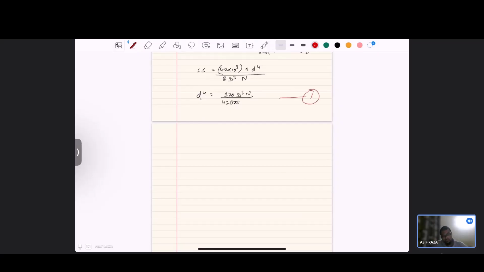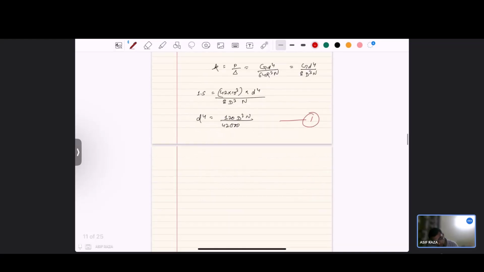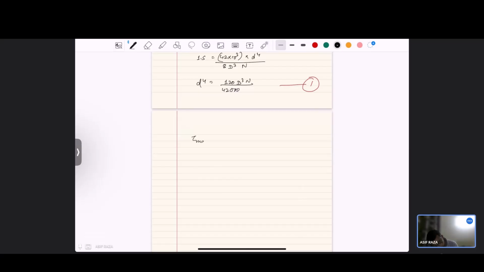Now with the case of maximum shear stress, that would be equal to 16 P D by 2 by pi d cube.